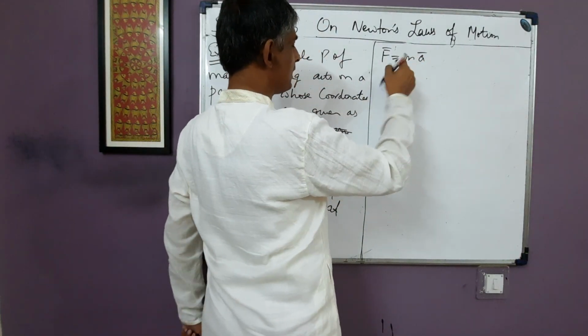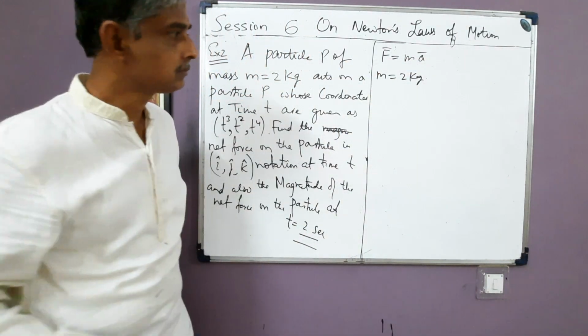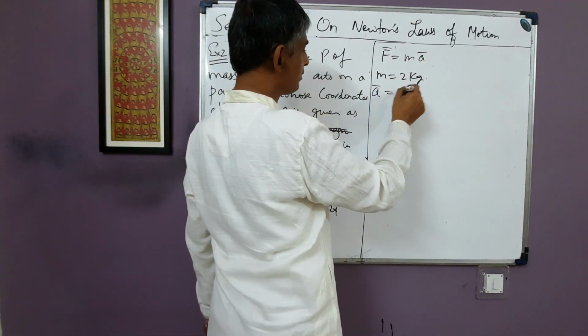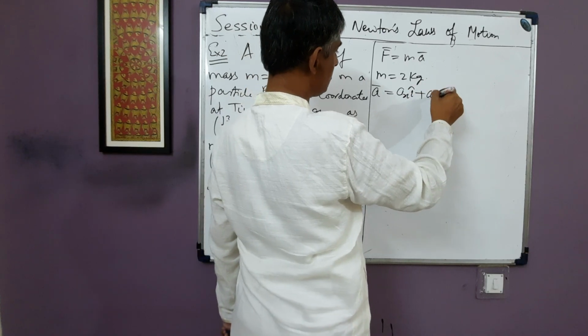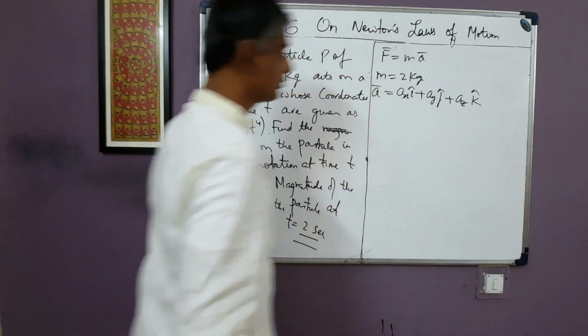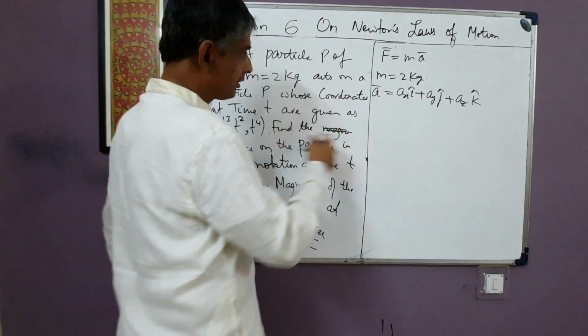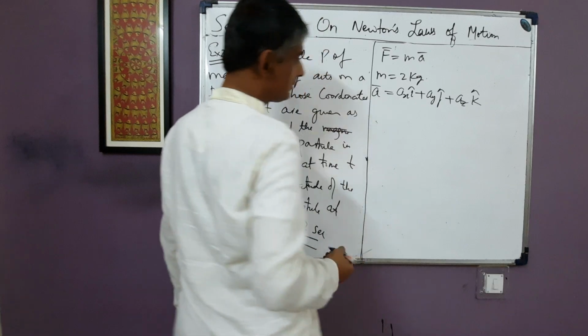Now M is known, how much? 2 kg. Now we have to know the vector A. Vector A in Cartesian form will be written as Ax i hat plus Ay j hat plus Az k hat. Now to know A we have to know Ax, Ay, Az.